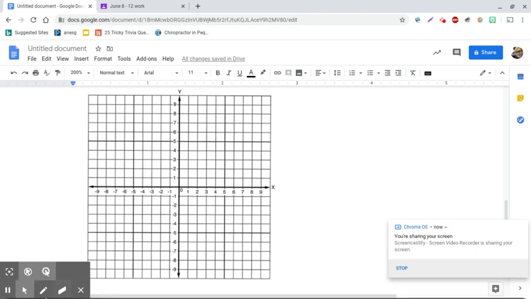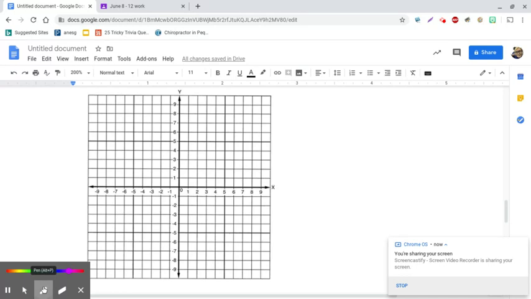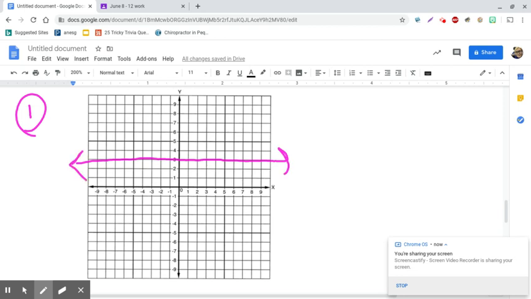Today we're going to do a review of finding slope from a graph. The first example I would like to do is a horizontal line. Now we already know any horizontal line is a zero slope.